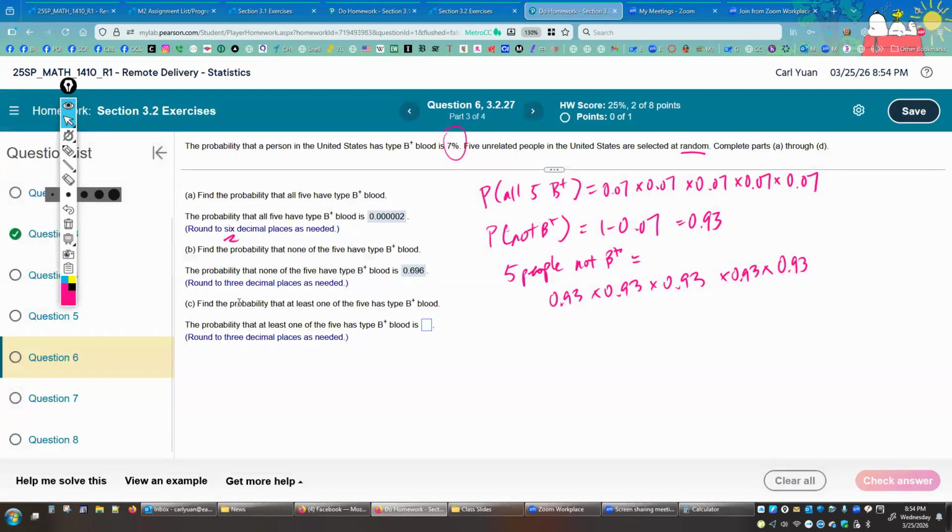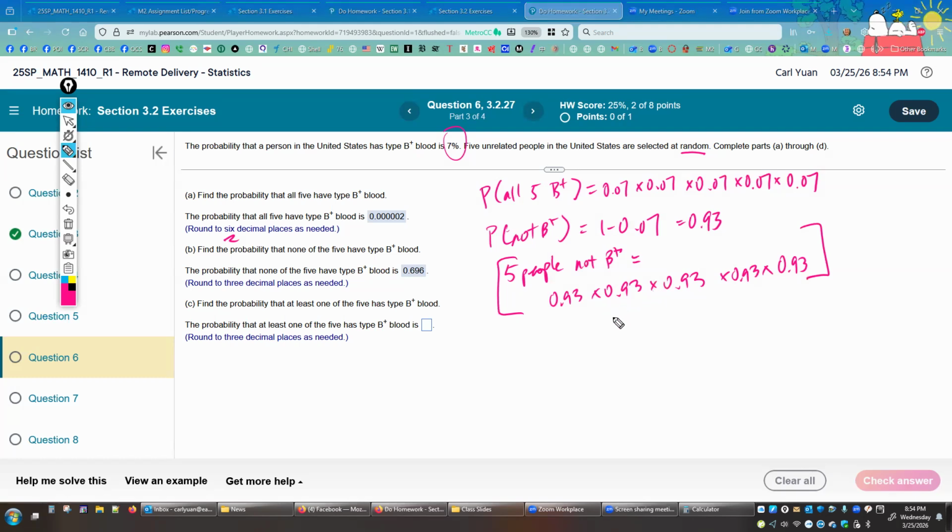Lastly, find the probability that at least one of the 5 has type B blood. This goes back to the example that we did in class. At least one has it means, what's the probability? 5 people, none of them has it.